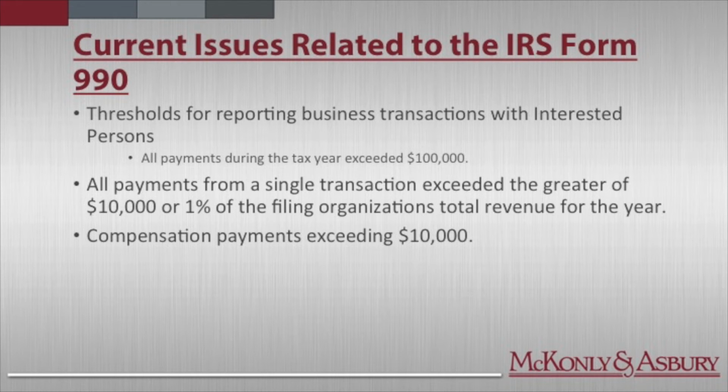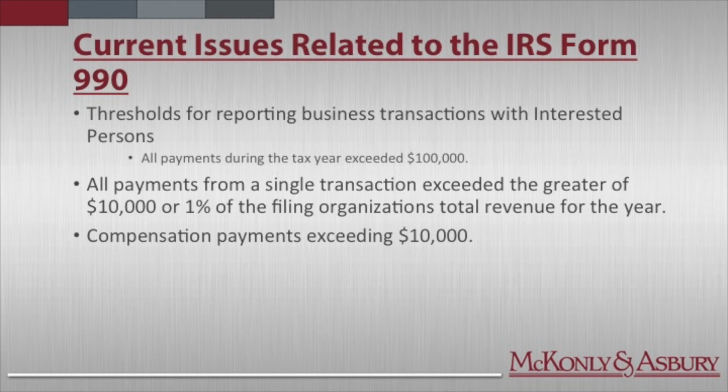Also, if you have individual single transactions exceeding the greater of $10,000 or 1% of your revenues for the year, you may have a lower threshold when it comes to a single transaction. These are key important things to keep in mind. The final thing in terms of thresholds are any type of compensation payments that exceed $10,000.